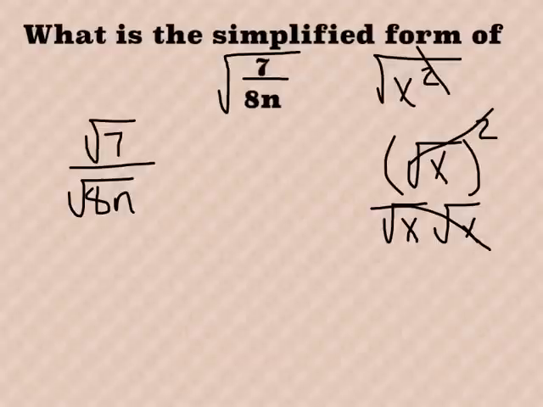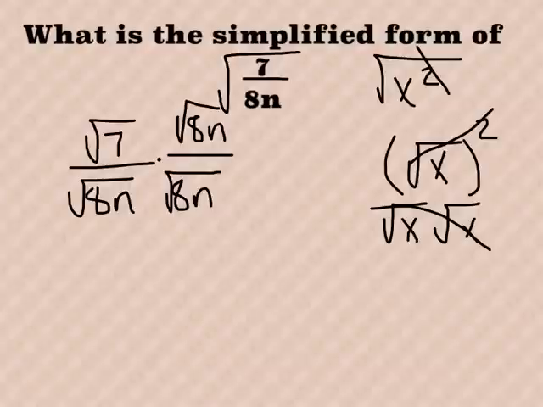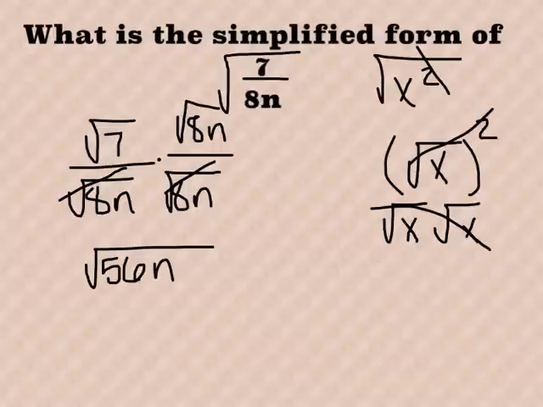So if we want to get rid of this square root here, we're going to multiply by the square root of 8n over the square root of 8n. When we do that, our radicals will cancel out, and we have the square root of 7 times 8 is 56n over 8n. Because again, remember that radical totally got canceled out.